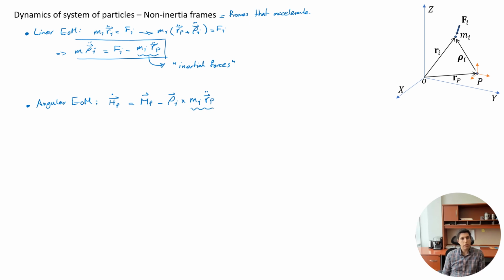So it is the same inertial force, and now we are looking at the moment of the inertial force that must be included in the equations to make things work.